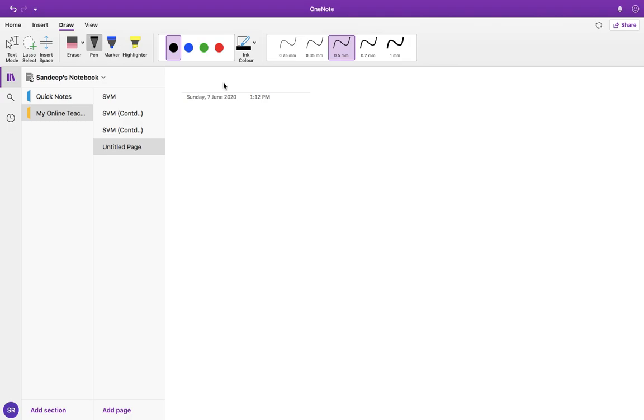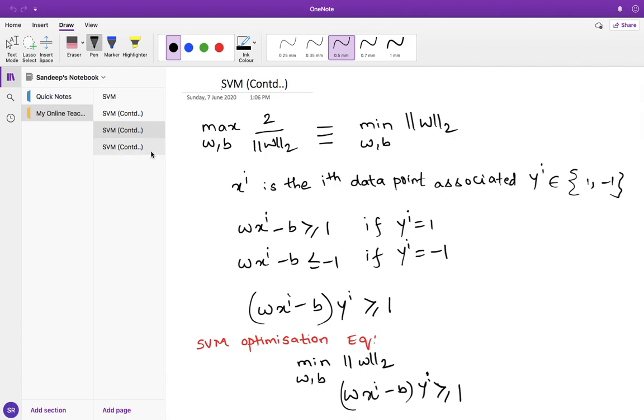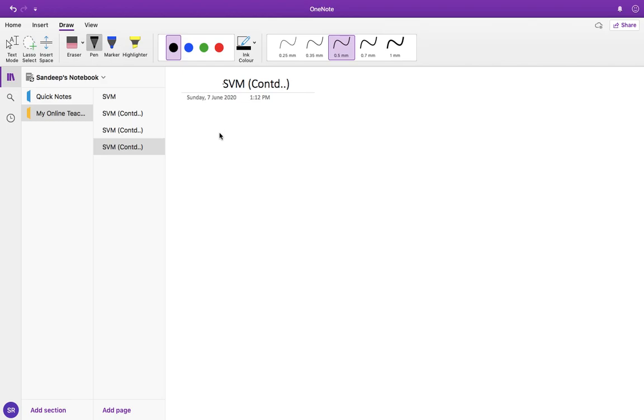So let me discuss different types of data. As you have seen in the previous slide, the main equation of the optimization problem is valid only for the linear SVM. So first let me introduce the different categories in SVM.